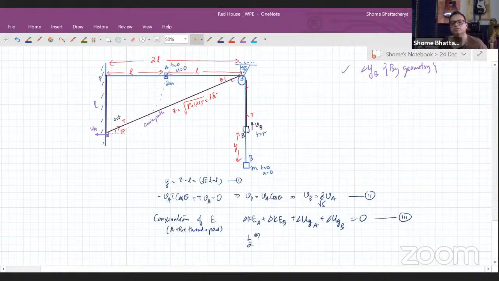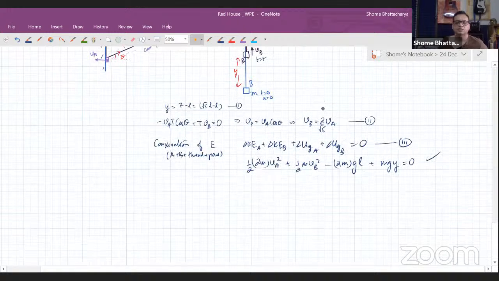So half 2m VA squared plus half m VB squared minus 2m g L, because A is coming down by L, plus m g y is equal to 0. This is the last equation.